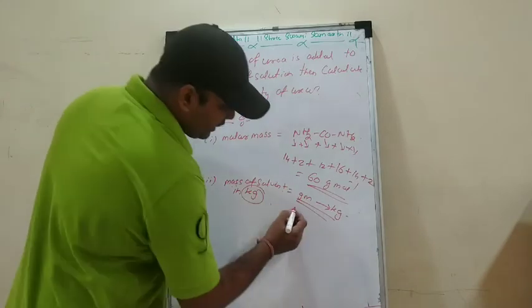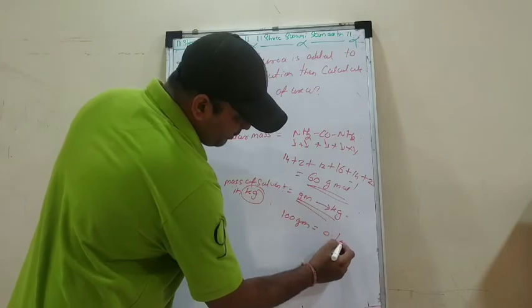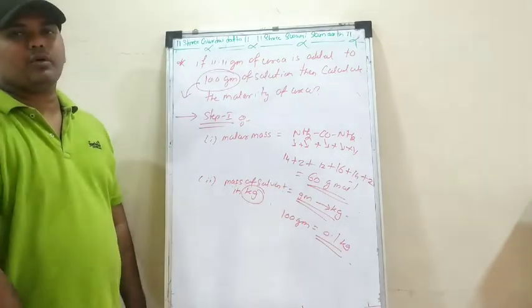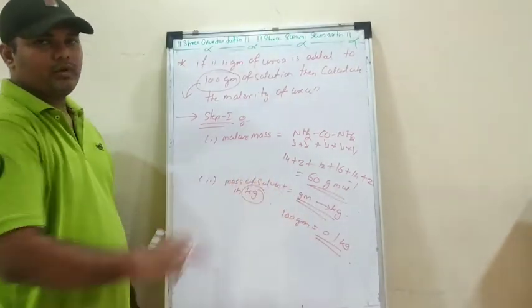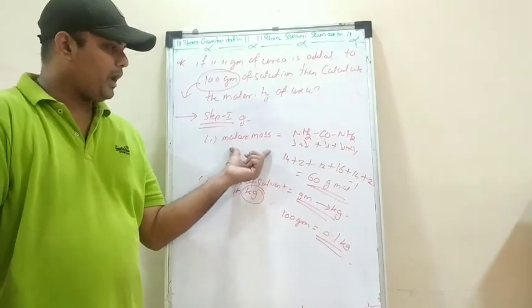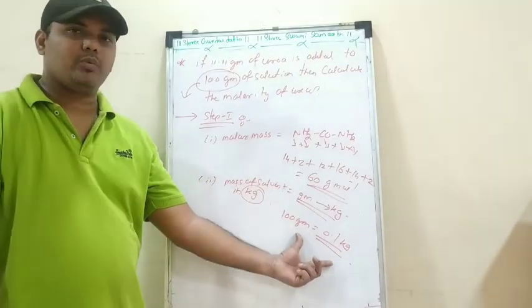Mass of a solvent in kilogram. So 100 gram converted will be 0.1 kg, right? I hope that you have understood how to convert gram into kilogram, right? Okay. Now here we had calculated the molar mass as well as the mass of a solvent, that is the 0.1 kg.